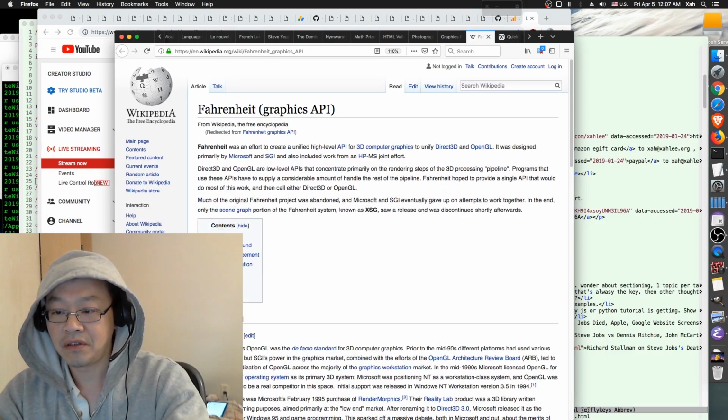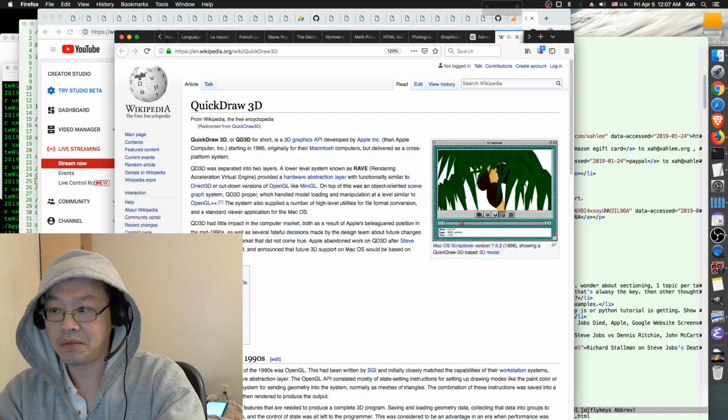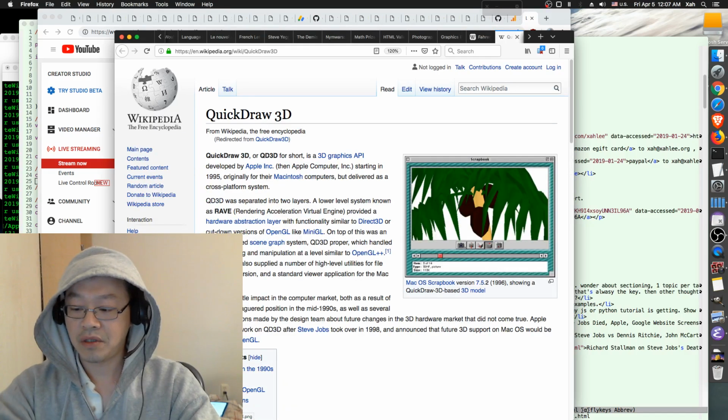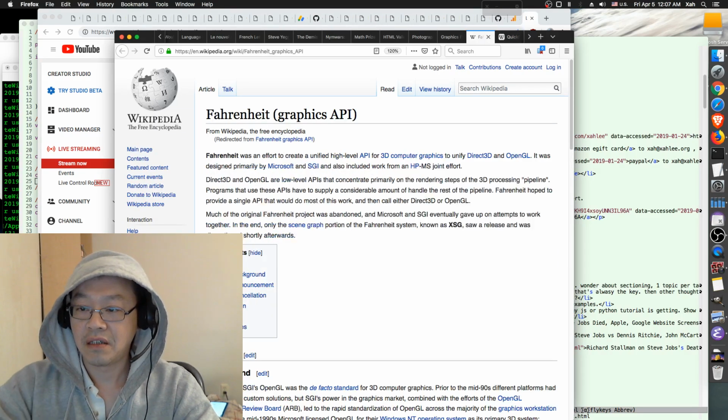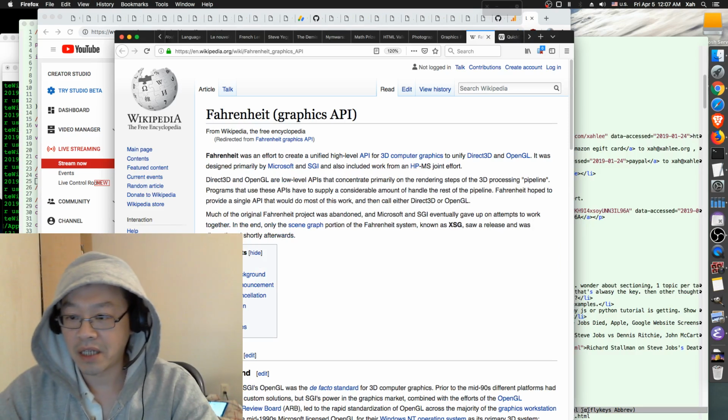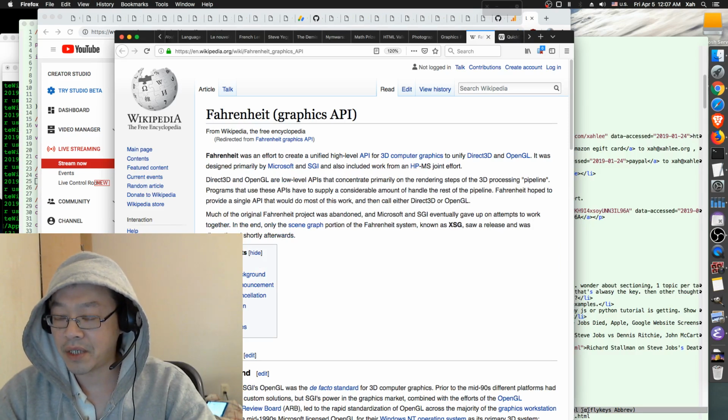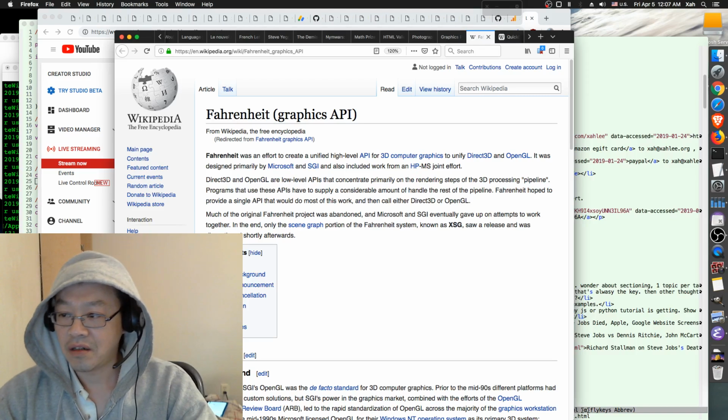You might read Wikipedia. So QuickDraw 3D and Fahrenheit graphics API were intended to replace OpenGL. Now OpenGL is extremely bad technology. I mean, it's very low level.